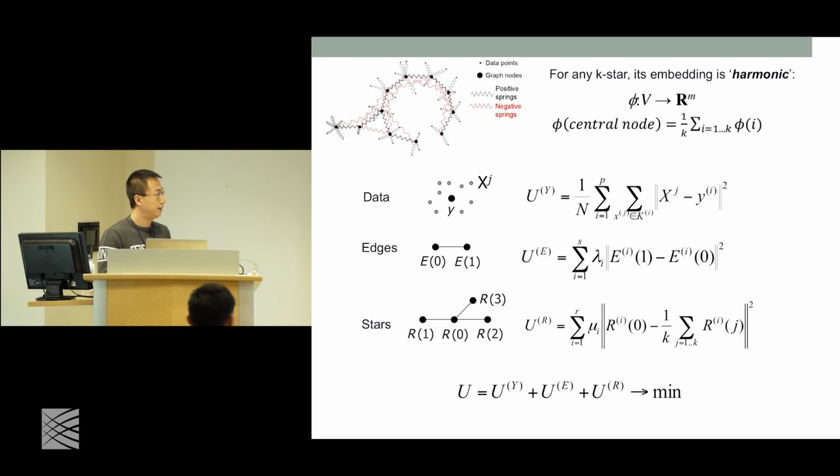As you can see, this is the length of the edge. And the third one, we are trying to penalize the deviation from harmonicity. If the embedding is harmonic, this should be 0, which means the central node is the mean value of all of its neighbor nodes.